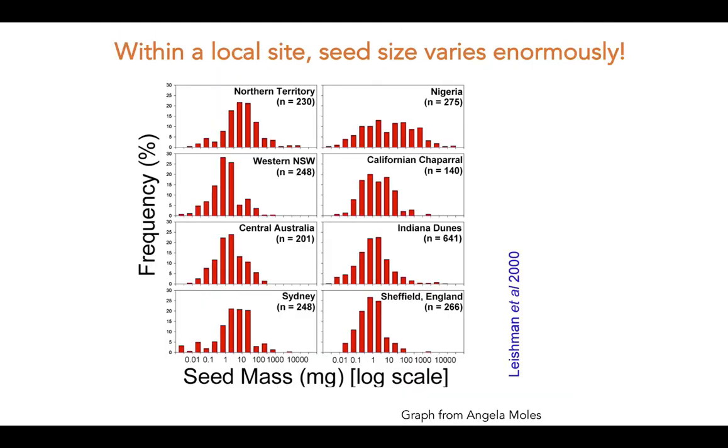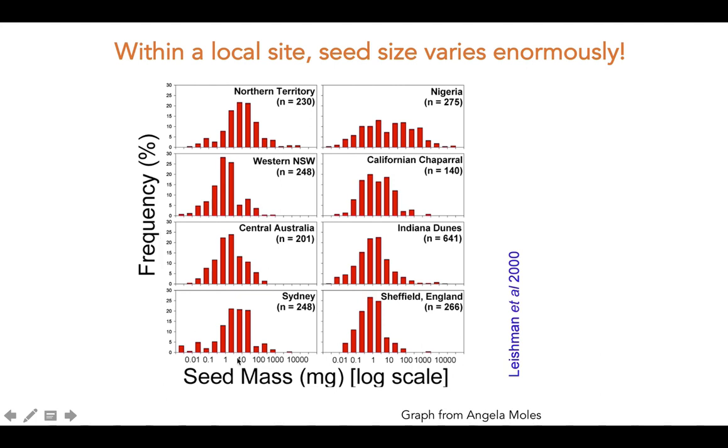What's interesting about seed size is that it varies enormously depending on where on the planet you go, but also on the different environment in which you study. And so here what I'm showing you is a plot of seed mass, on a log to the base 10 scale, in milligrams, versus the frequency of species with a different seed size.